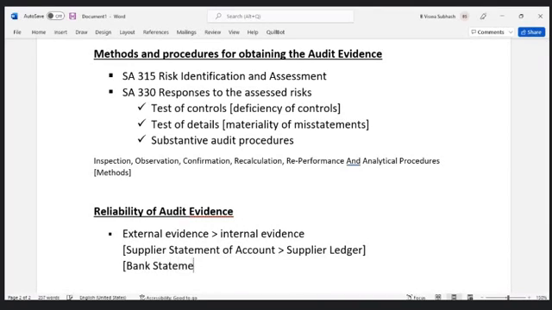I will take another example. Bank statement by bank, bank ledger. So if a statement is given by the bank, we can be sure that yes, boss, this is the number that we are looking at.